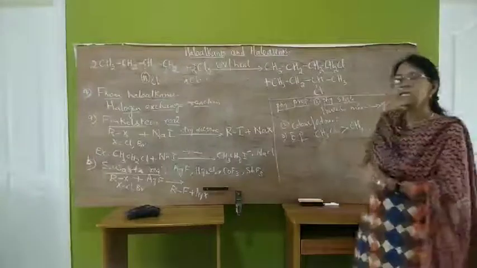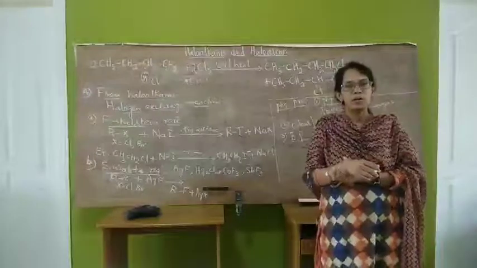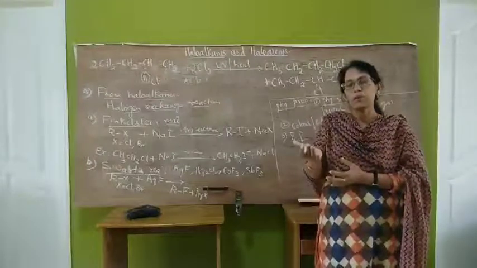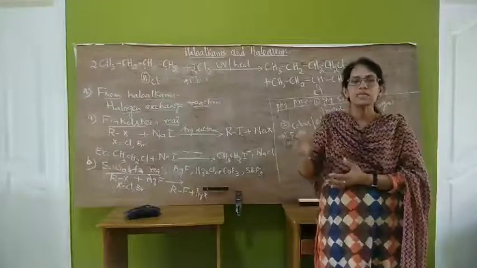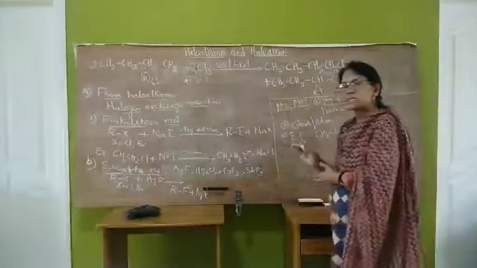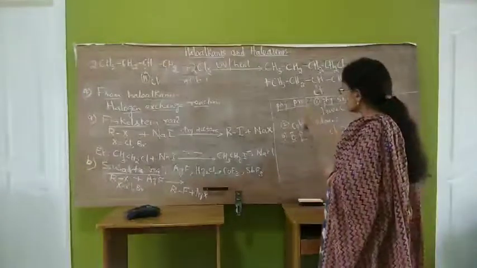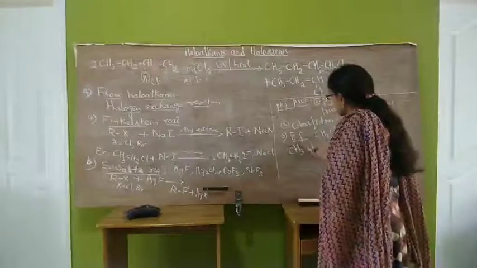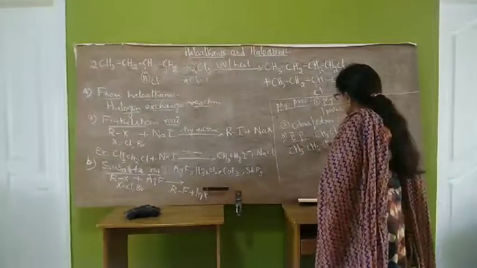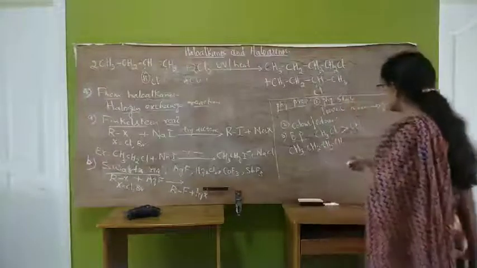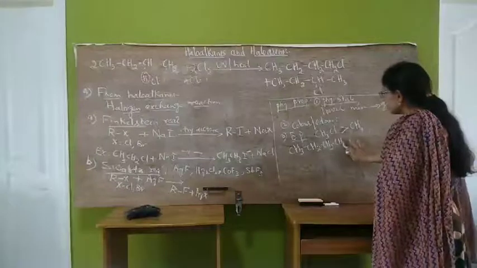And next, in isomeric haloalkanes, boiling point decreases with increase in branching. For example, let us consider some isomers of butane. N-butane, CH3CH2CH2CH3.